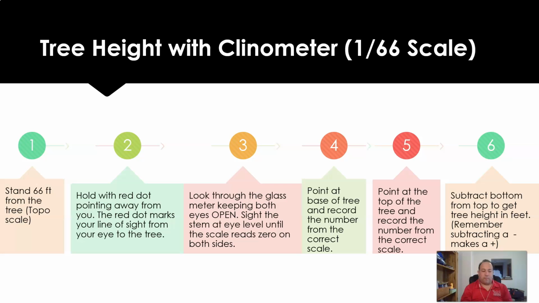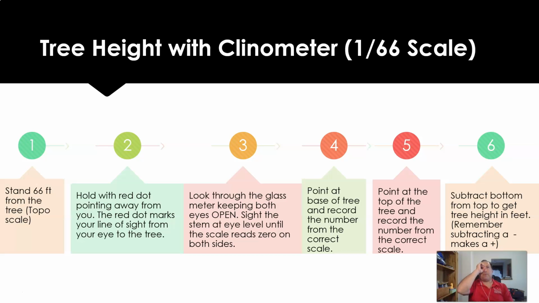You're going to either record those numbers or just put them into our formula, which, if we're using the topographic scale and if we went back 66 feet, all we need to do in terms of math is top minus bottom. So let's just say I go back, I measure out 66 feet, I'm good. I take out my clinometer, I look down, I see 2.